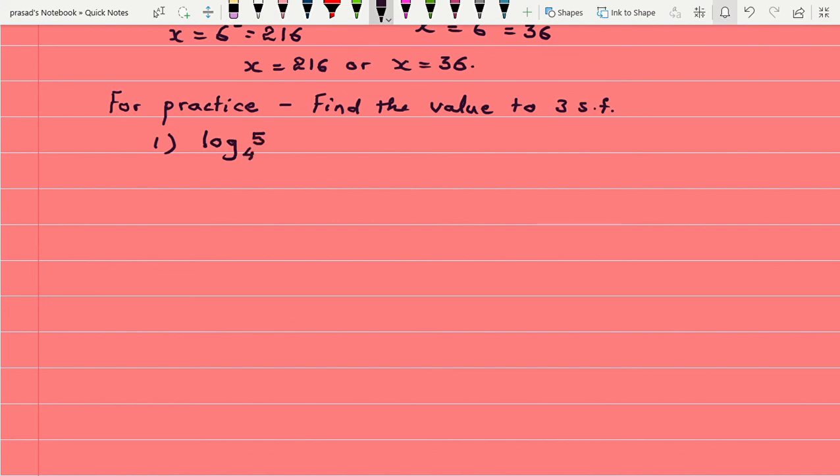So you can just change the base to the standard base 10. Second, log of 10 to base 7. Now here, just keep this hint in mind that log of 10 to base 7, take the reciprocal, it will become log of 7 to base 10, which is just log 7.